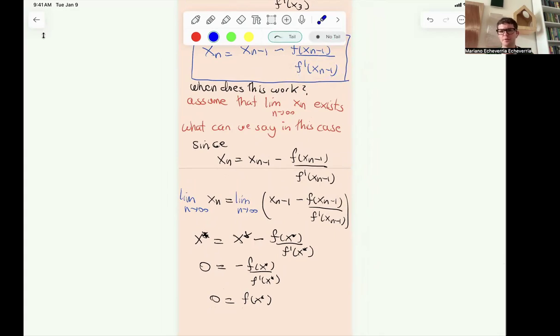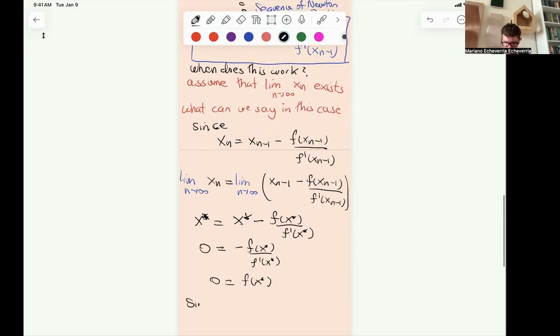So that could be one of the things that could go wrong. But if that doesn't happen, this is fine, and this would be saying that 0 equals f of x star, which we already knew. This is consistent with the fact that we wanted a 0 of the function, right? So this is good.